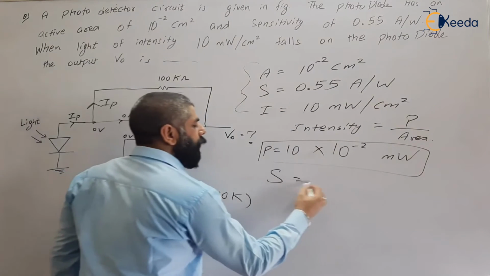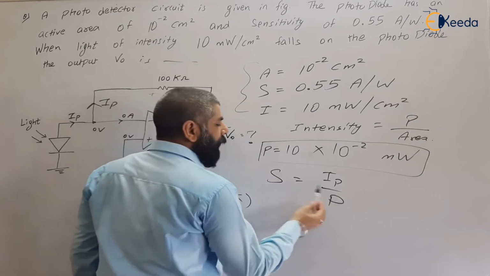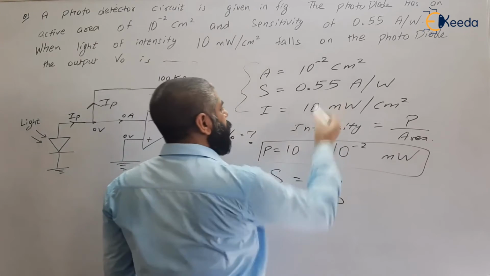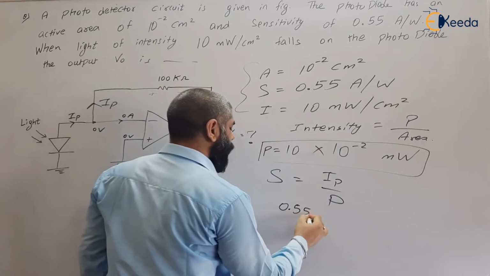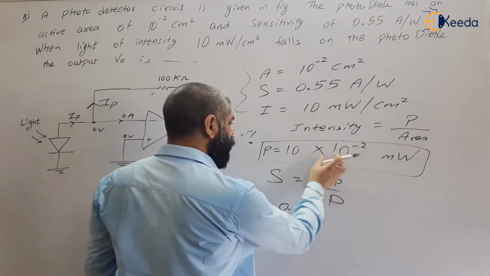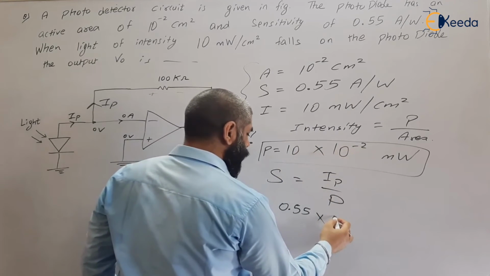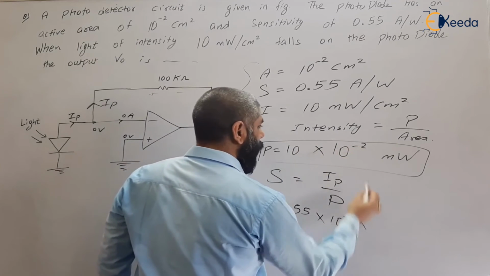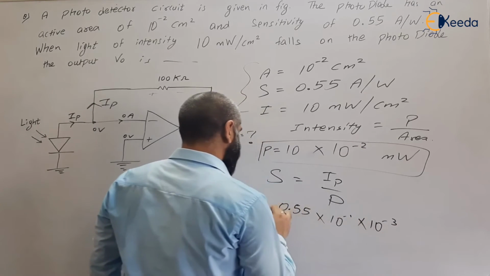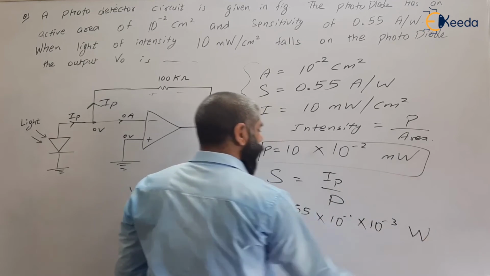So sensitivity is 0.55, and the optical power comes out to be 10 raised to minus 1 multiplied by 10 raised to minus 3 watt. It was in milliwatt, so 10 raised to minus 3 watt.